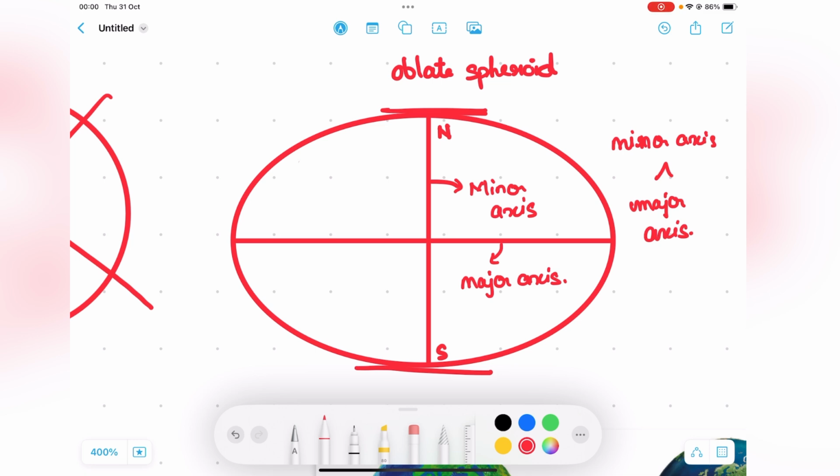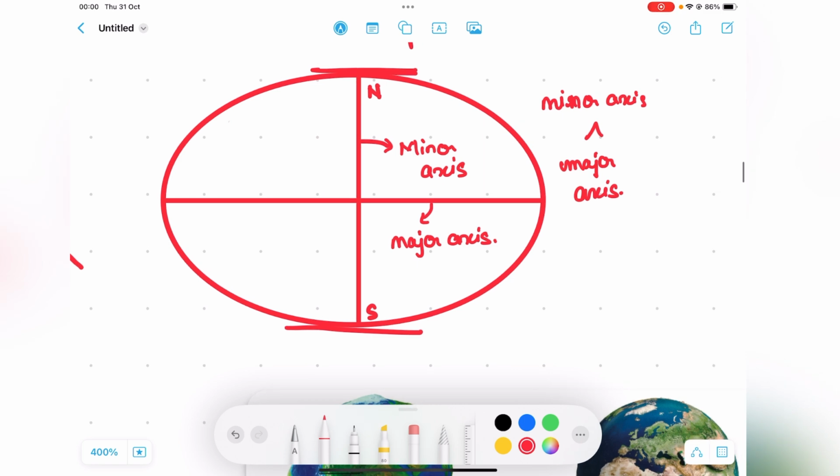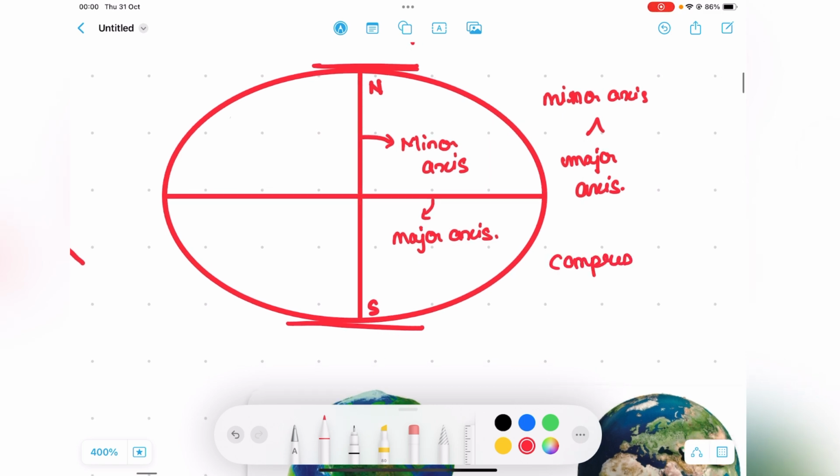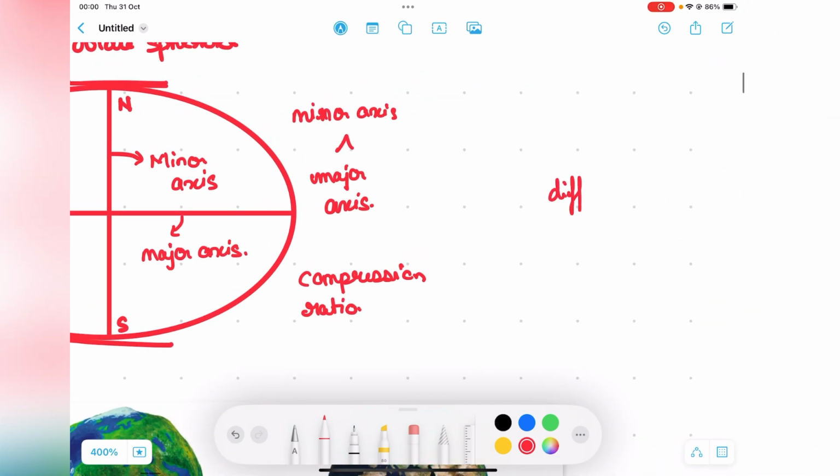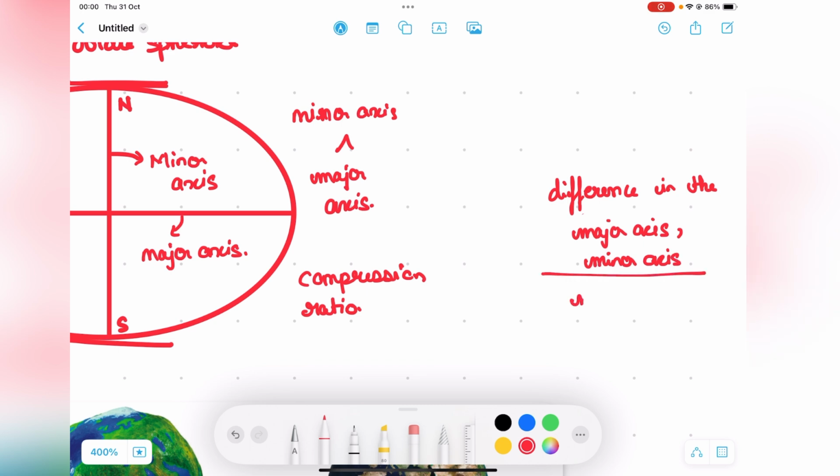So we have another term which we know as the compression ratio, right? So what is the compression ratio? The compression ratio is the difference in the diameters, or let's say the difference between the major axis and the minor axis, to the major axis.